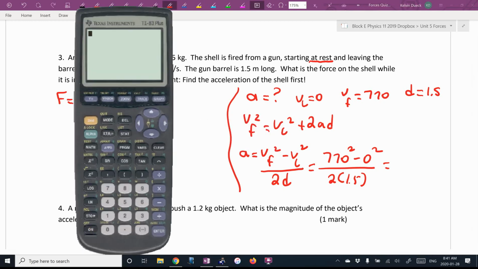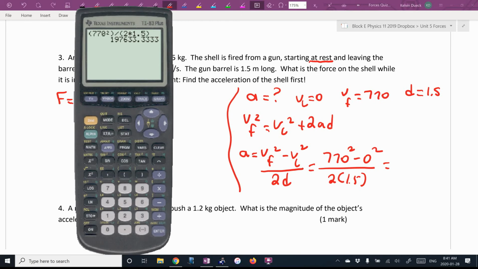Is this a fraction? Is there more than one thing on the top? Brackets around the top. Although, does the minus 0 squared make any difference at all, Jack? Fine, I'm going to skip that. Divided by, definitely need brackets around the bottom. Or I could have gone 2 times 1.5 is 3. And I got that for an acceleration.